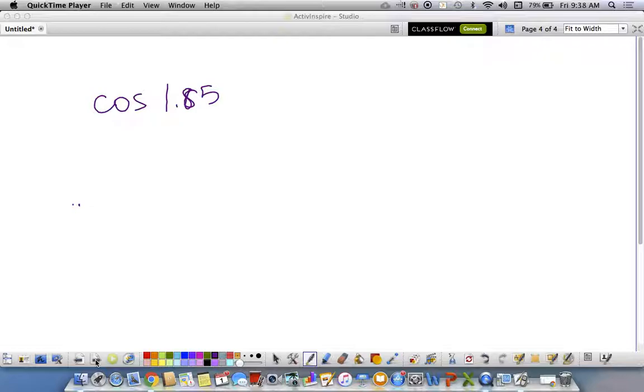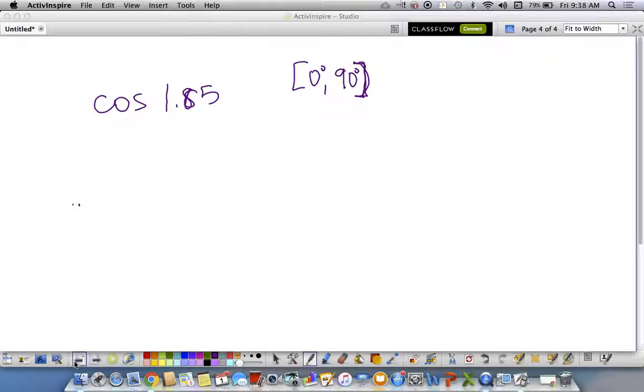What do I not have up there? The restrictions, okay, but I give you an input. If I say between 0 and 90 degrees, I guess I can have a bracket there because it's cosine. But what is 1.85? Okay, I'm going to go back to the last slide really quick.